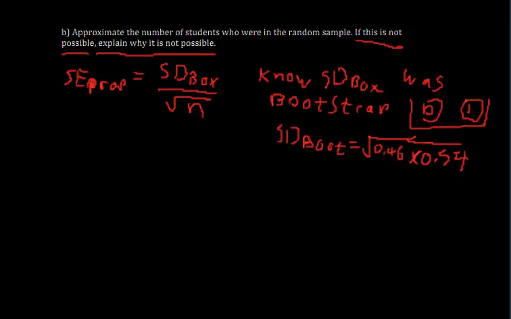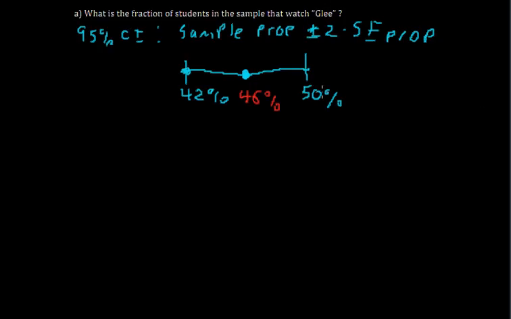So we now have the SE of the proportion as this divided by the square root of n, and we know the width of our confidence interval goes from 46 to 50, 46 to 42. So the confidence interval looks like this.